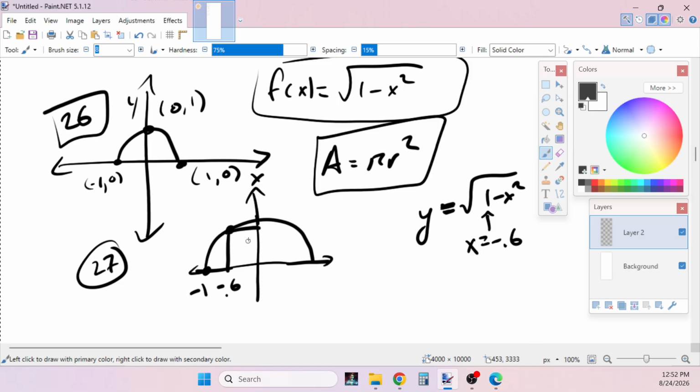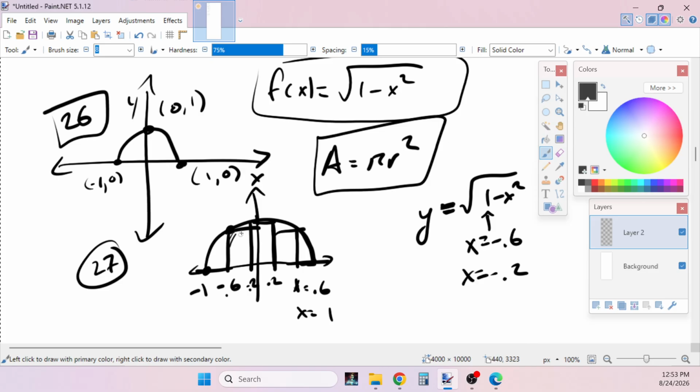And then you're going to plug in another one at negative 0.2. That'll be here. You're going to plug in another one at positive 0.2 here. Then you're going to plug in x equals 0.6.